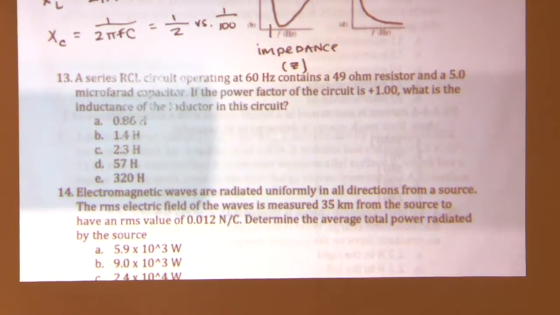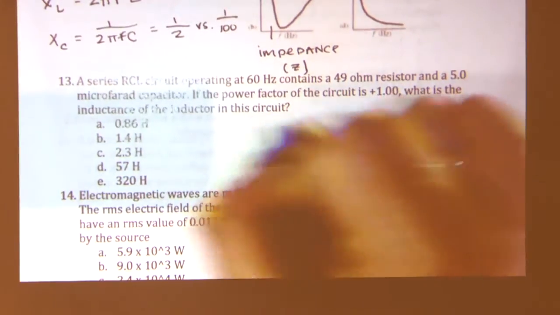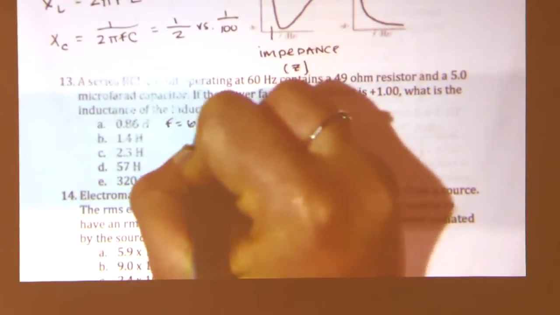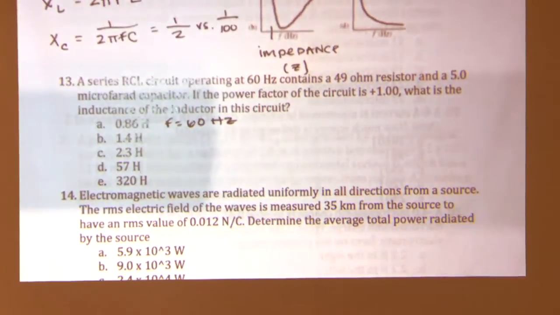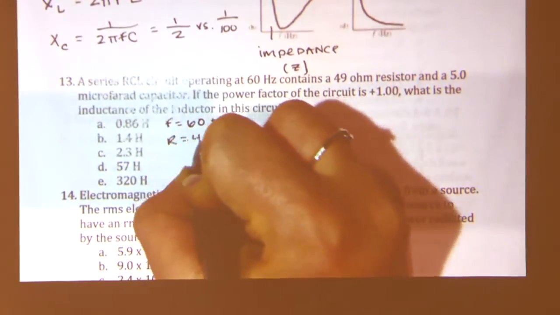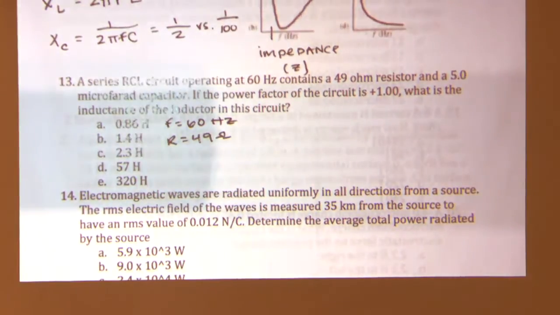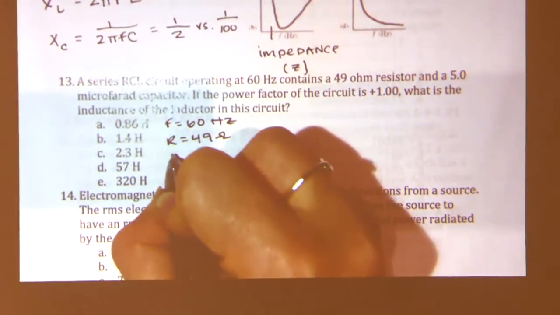So number 13. A series RCL circuit is operating at 60 hertz, so that's our frequency. It contains a 49 ohm resistor and a 5 microfarad capacitor.